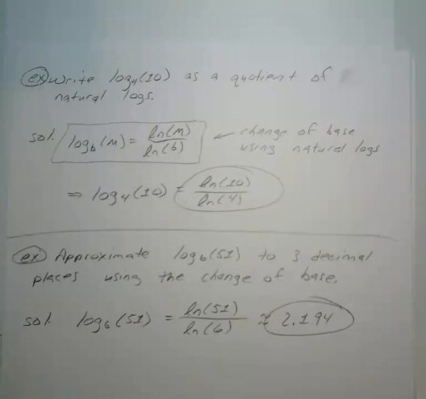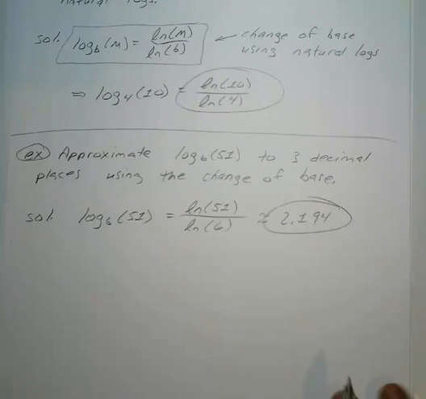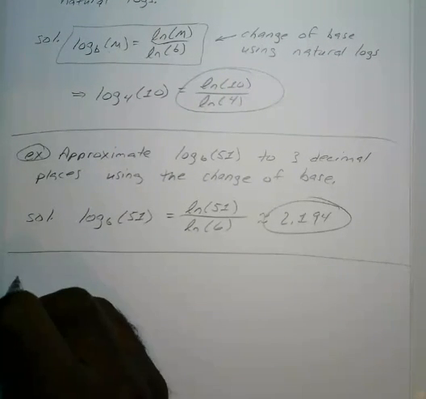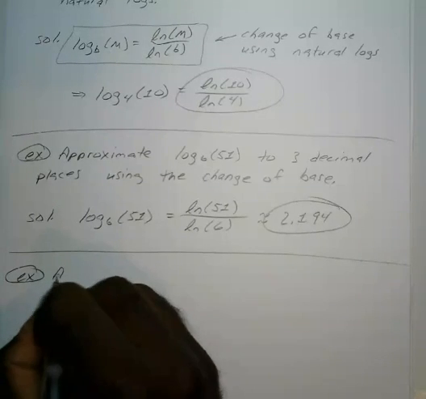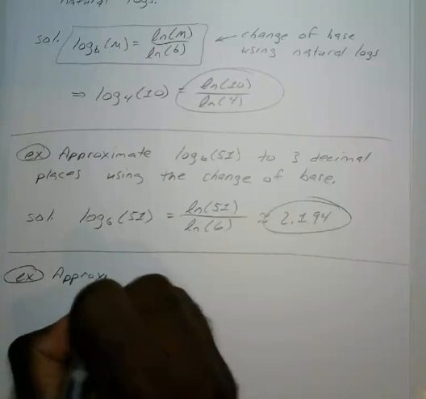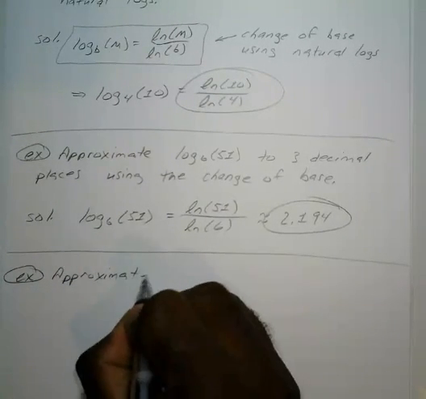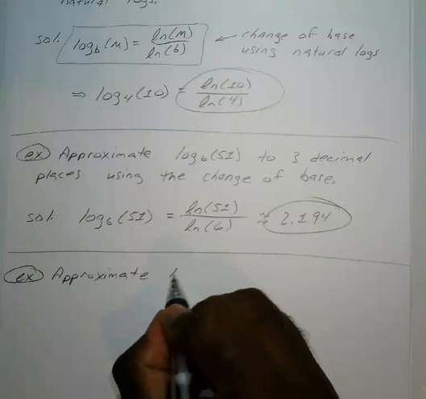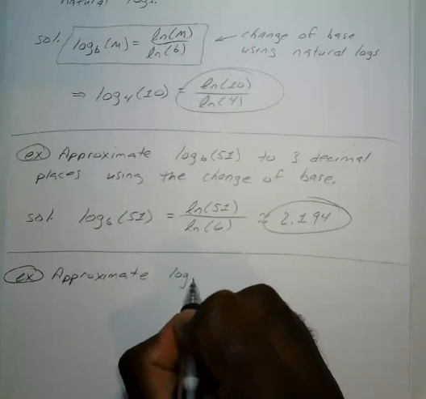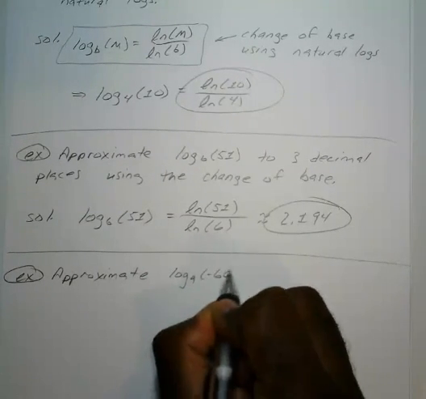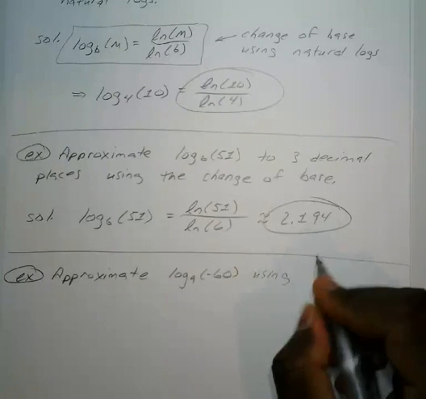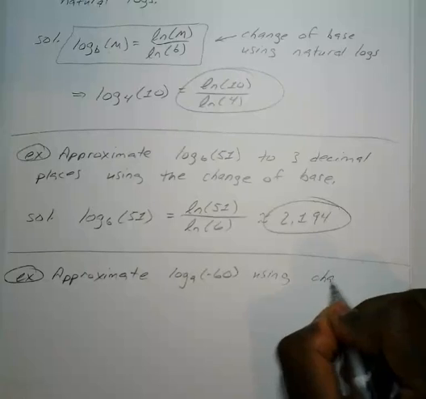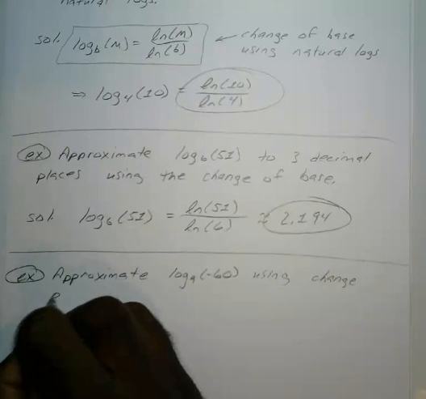All right, let's do one more, and this is so you won't get tricked. Approximate log base 9 of negative 60 using change of base.